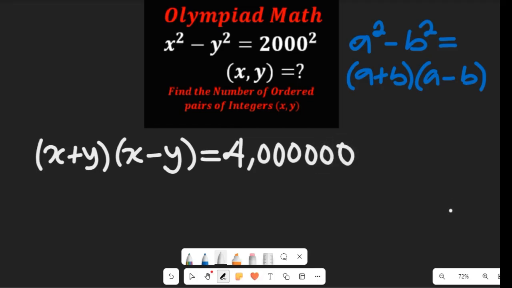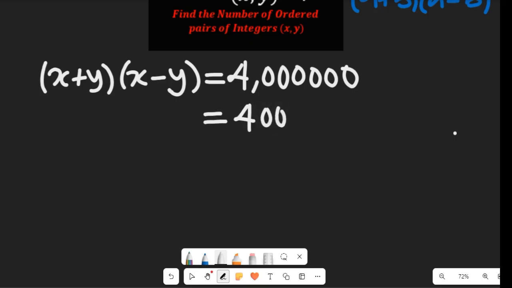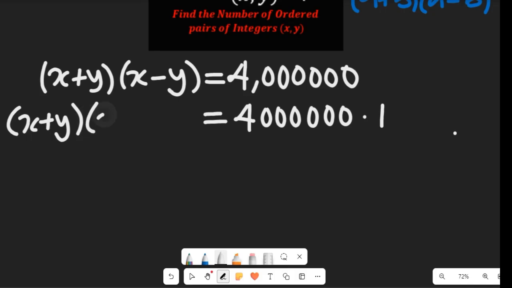Now to get the greatest value of x plus y and x minus y, I can see that this can give me 4 million multiplied by 1, right? And so I'll have my x plus y and then x minus y to be equal to this.